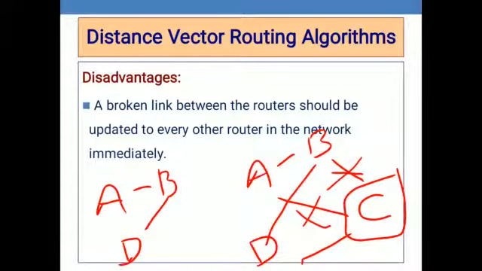Like this, a broken link between the routers should be updated to every other router in the network immediately. Because we use the shortest path, not only the direct links, if any other path exists with a shorter distance, then we will consider that path only. If in that path any router fails, then the complete network will collapse. So to avoid that, if any broken link is there, the routers will immediately update the information.